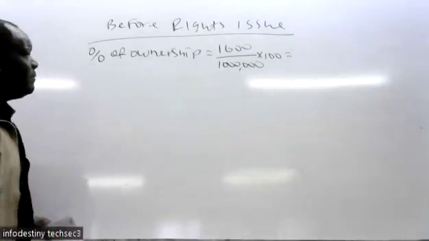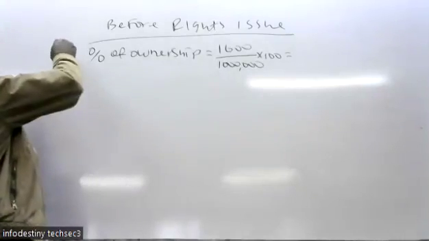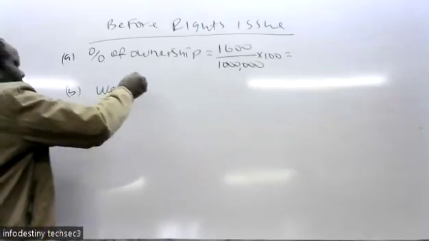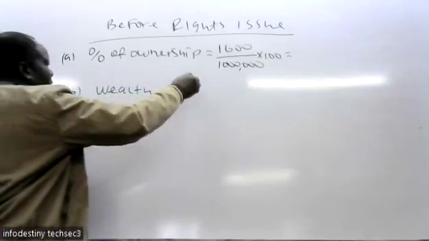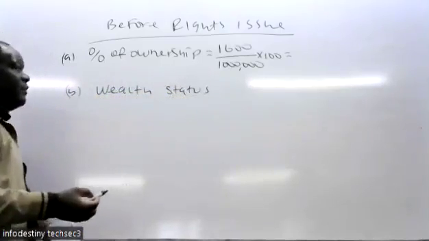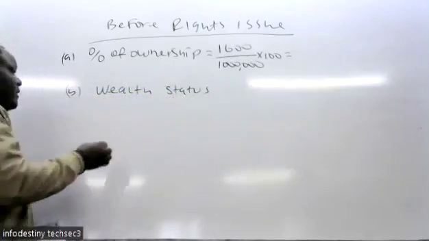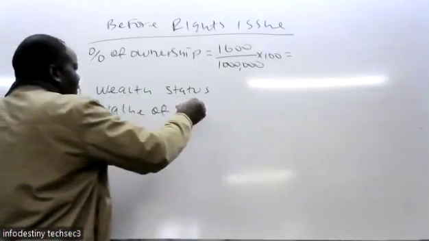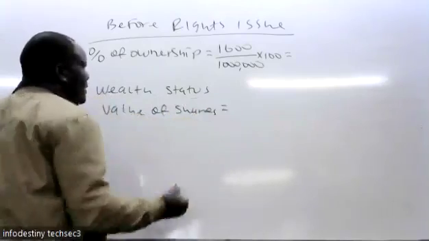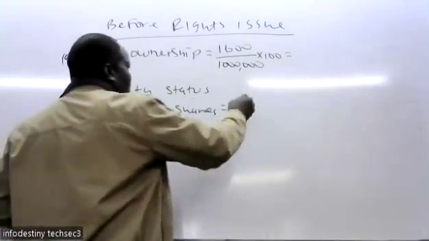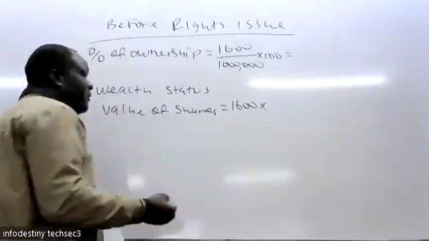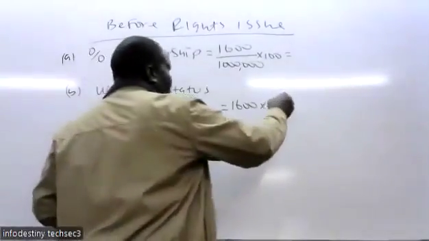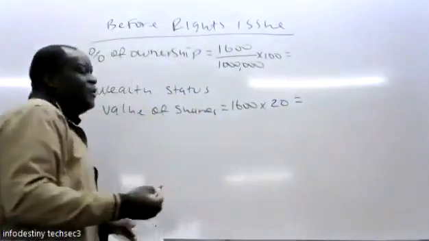Apart from the percentage of ownership, we also calculate the wealth status. For the wealth status, we start with the value of the shares. He has 1,600 shares, but before the rights issue you value them at the current market price, which was 20 shillings.